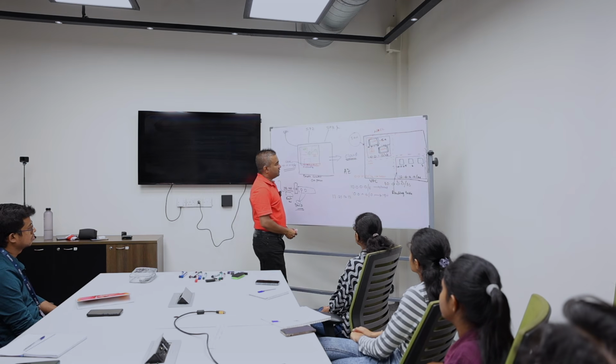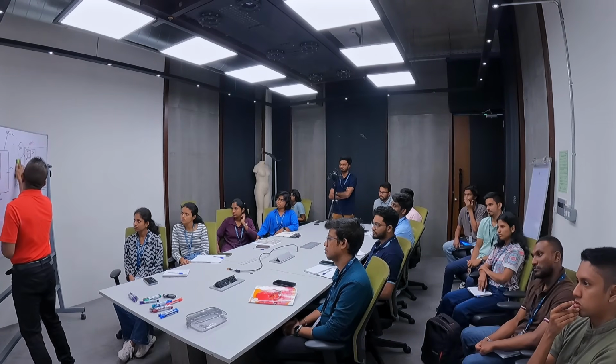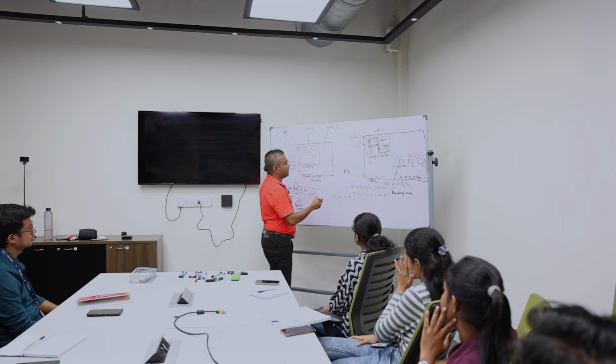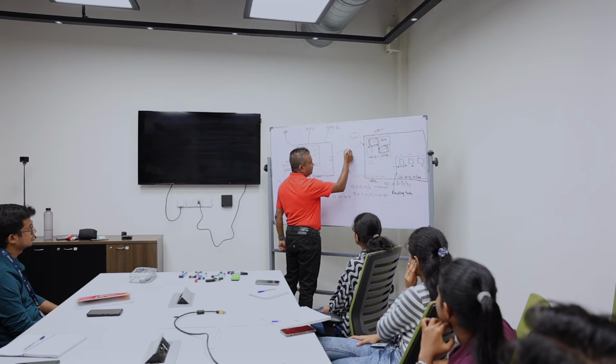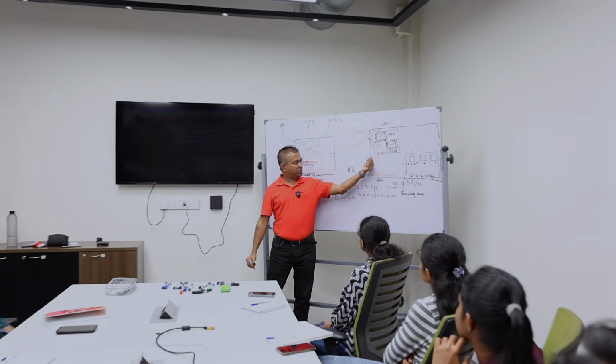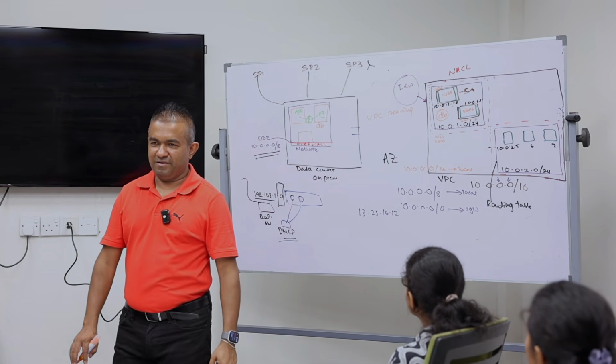So, then what you do is, for a moment let us assume this is a VPC, right. On-prem also we can do the same thing, not a big difference, right. So, this is a VPC. So, what you can do is, we have something called VPC peering. What it does, we peer this VPC to this VPC, okay.